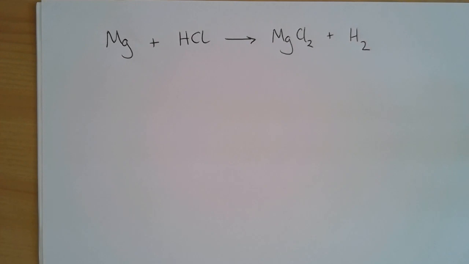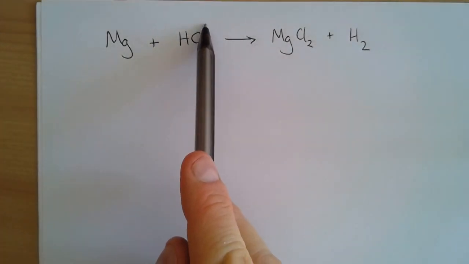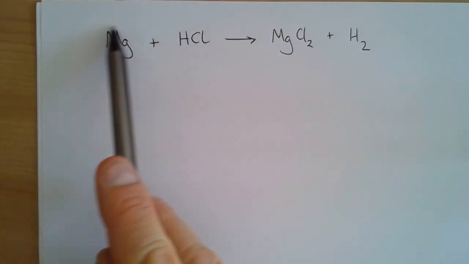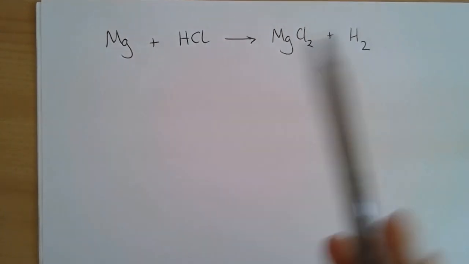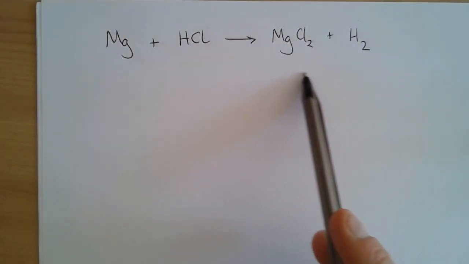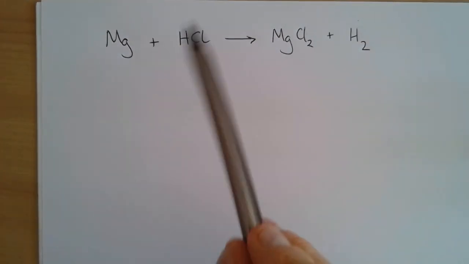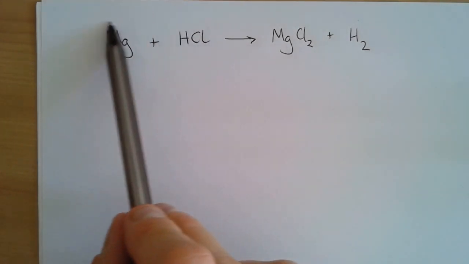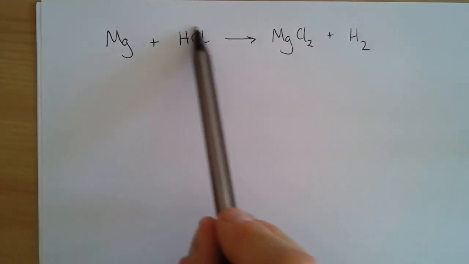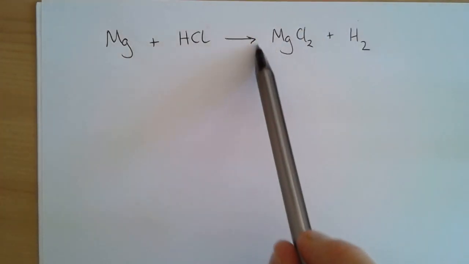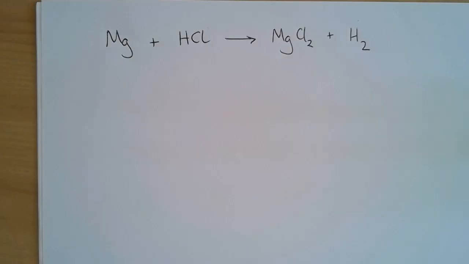So before we start to think about actually how we're going to balance this, we need to recognize a few things. We need to know that everything on the left-hand side of the arrow are the reactants, and everything on the right-hand side of the arrow are the products. And the total amount of the atoms that are present in the reactants must equal the total atoms that are in the products.